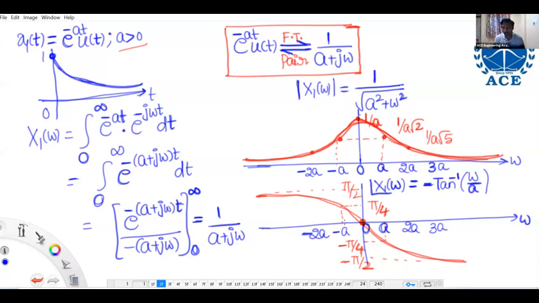So for the decaying exponential, the Fourier transform is 1 by a plus j omega. Magnitude is even symmetric, phase is odd symmetric. Combinedly we call that conjugate symmetry.